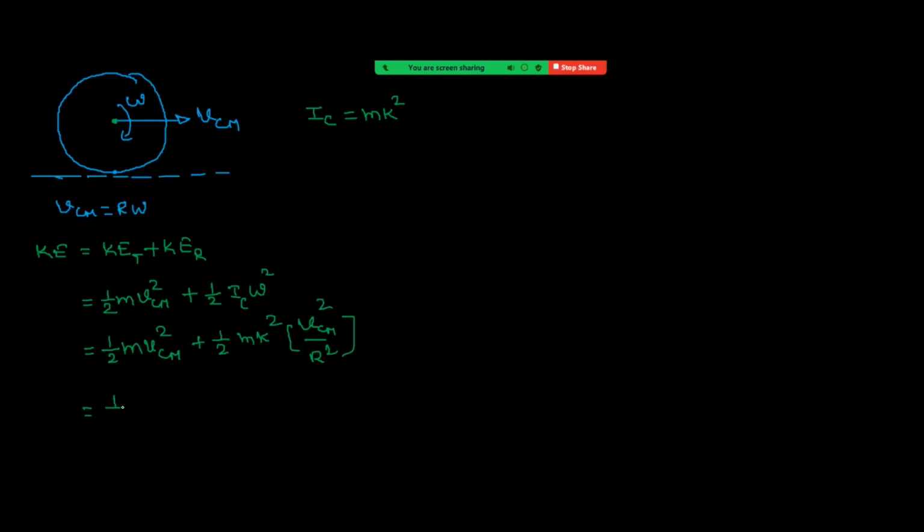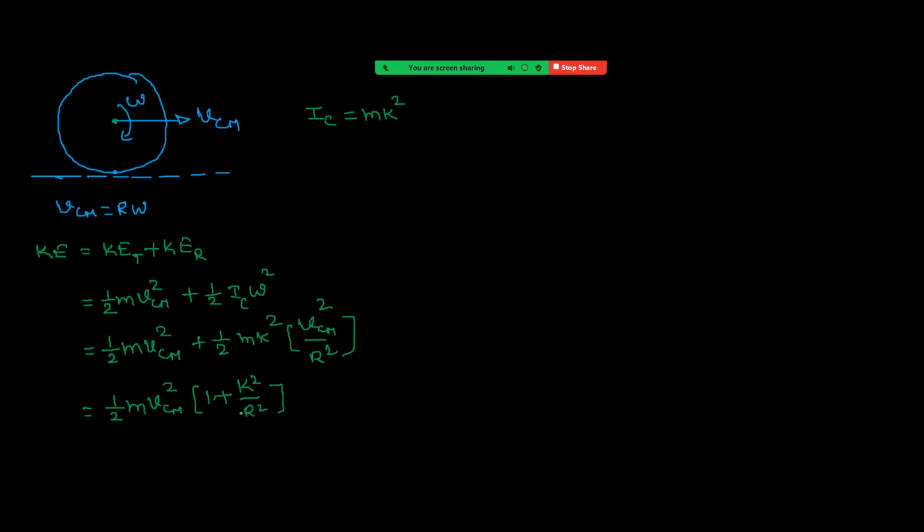Now see the calculation: half m VCM square into 1 plus k square by R square.